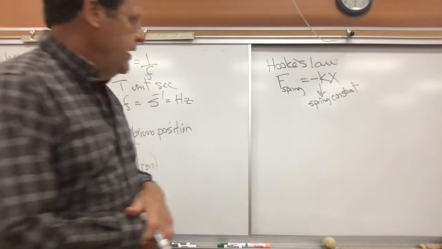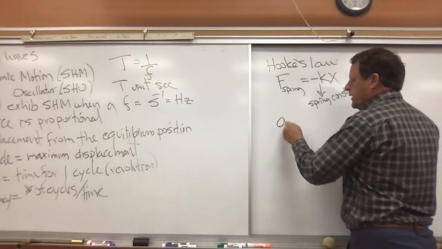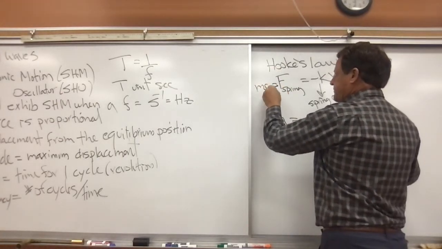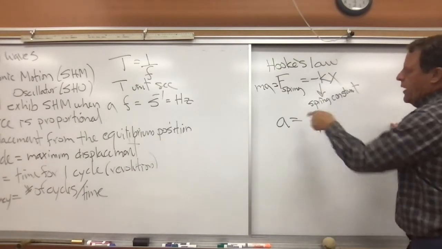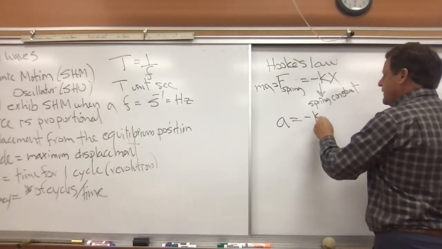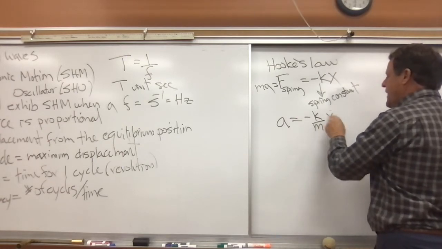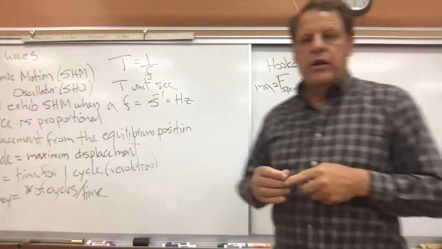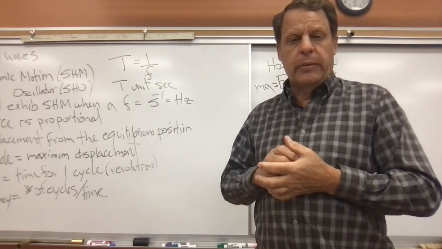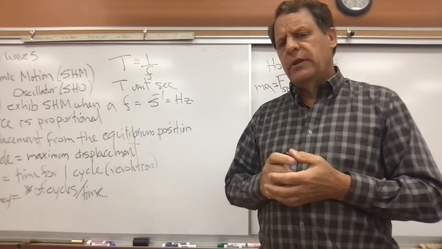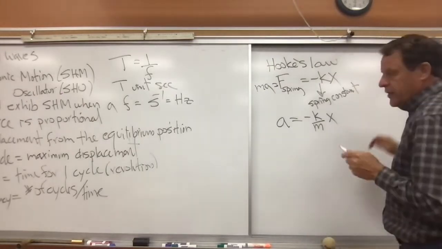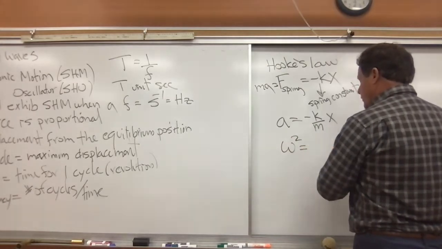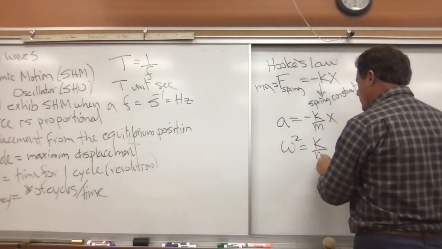Okay. Now, if we want to translate this into acceleration, remember, force is equal to ma. So now we can say acceleration is equal to negative k over m times x. When you read into the first couple sections of chapter 15, this might seem a little bit odd, but what we're going to assume here is that omega squared is equal to k over m.